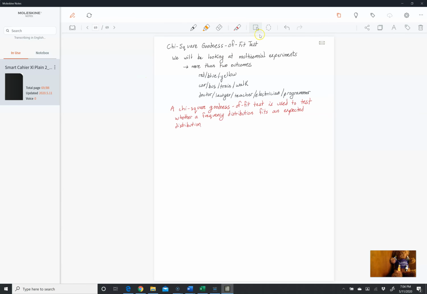So once again, we're going to be looking at a sample. So the frequencies obtained from a sample are our observed frequencies.